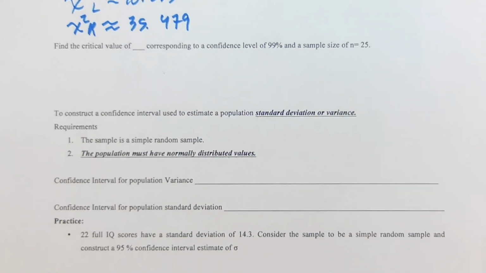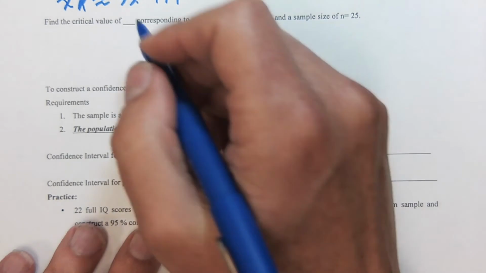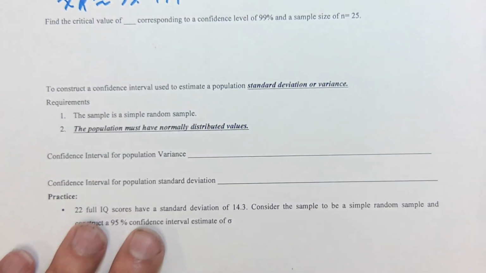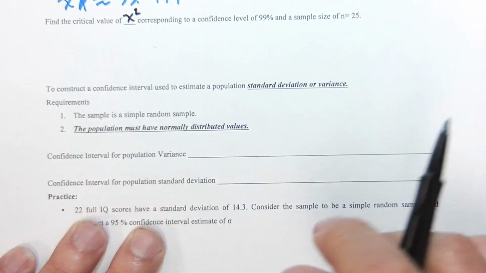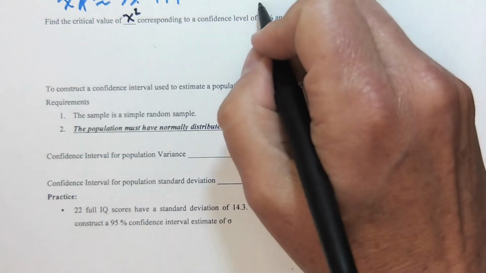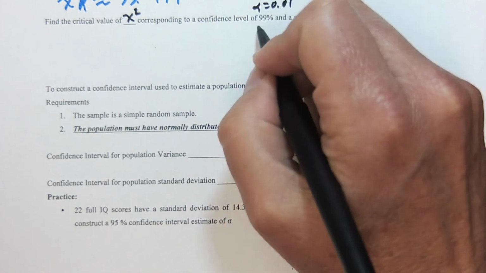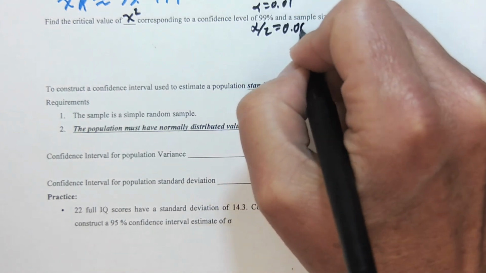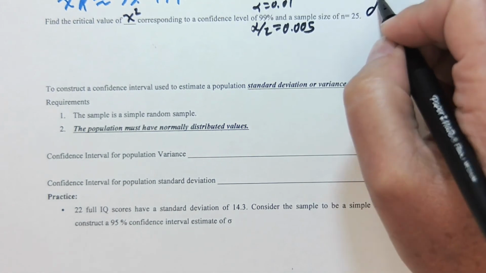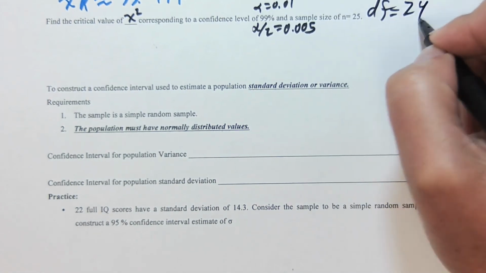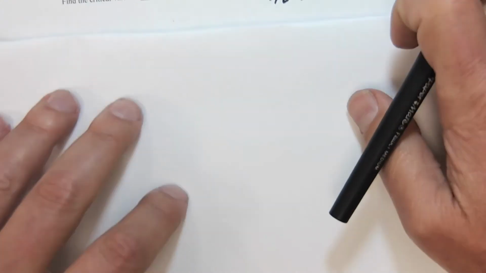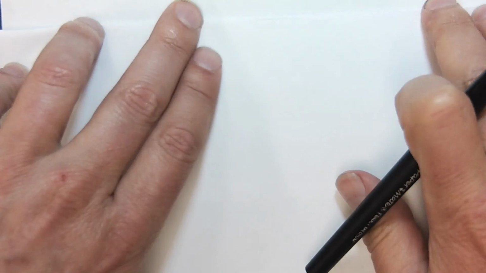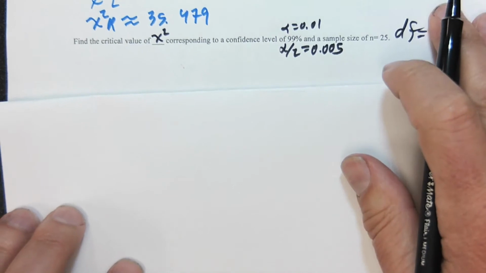So we're going to do this again on the critical value of chi-squared corresponding to a confidence level where alpha equals 0.01, which means alpha over 2 is 0.005. Our degrees of freedom are going to be 24. So once again, I'll draw the picture.